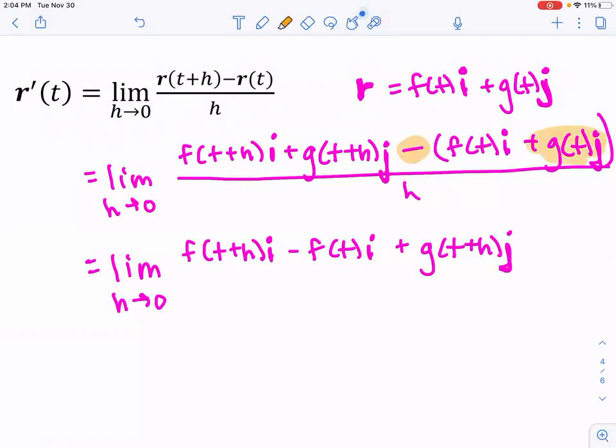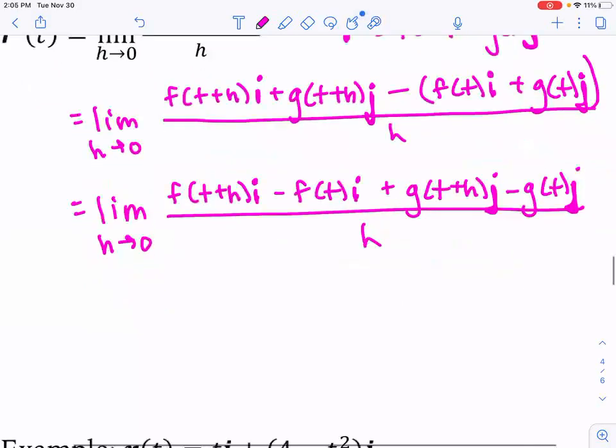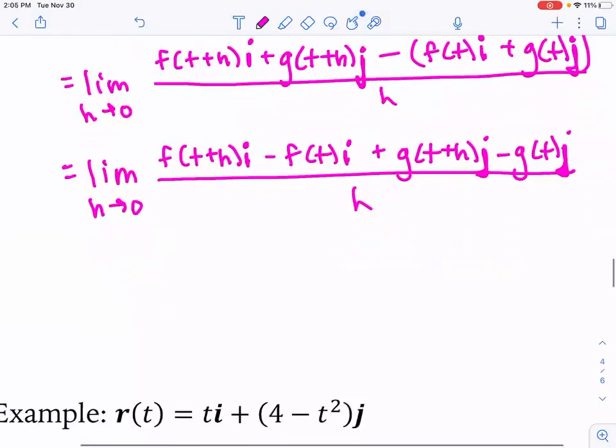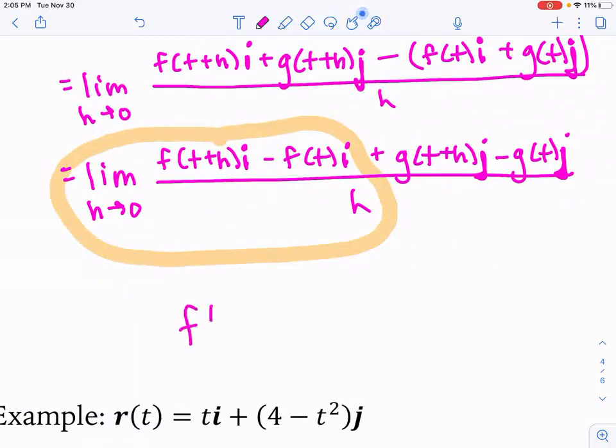This distributes to be a minus g of t j. Okay. So if we have the limit as h approaches 0 of this, what does that mean right there? f of t plus h minus f of t all over h, the derivative of f. So we have f prime of t i.